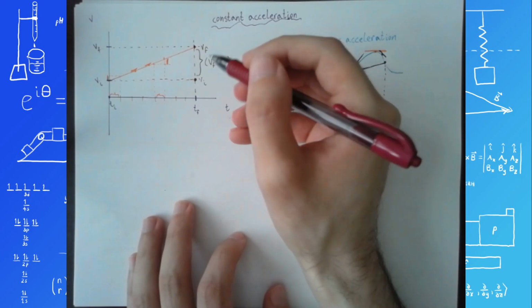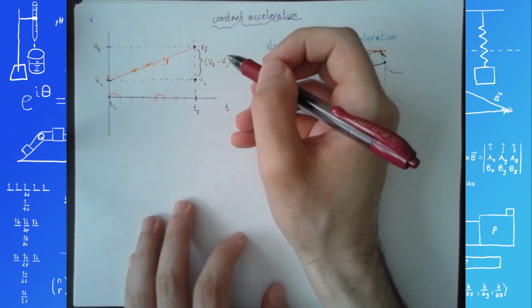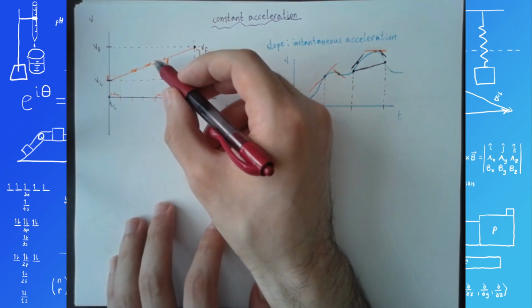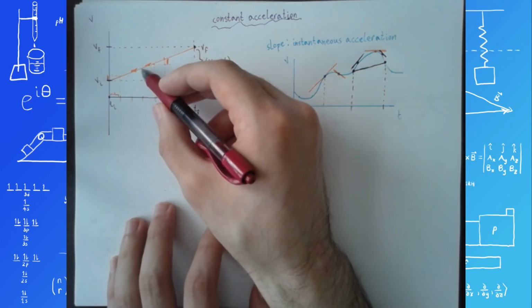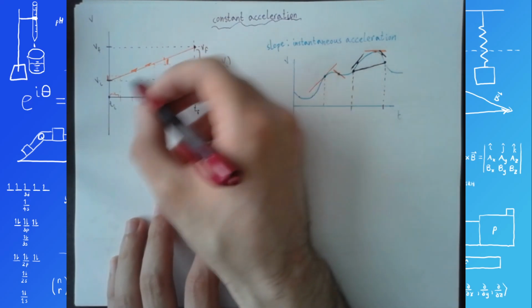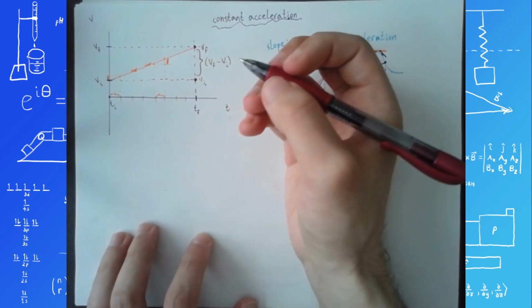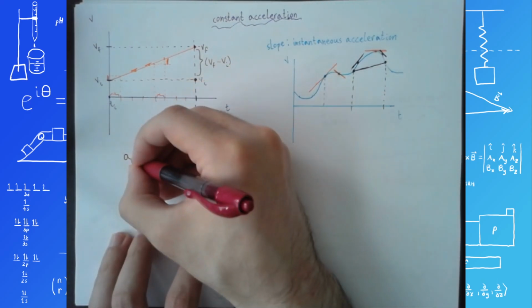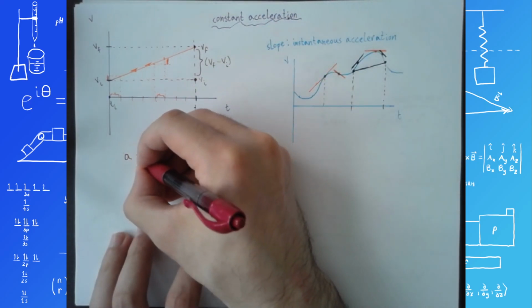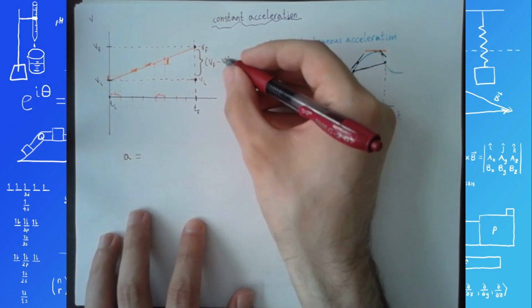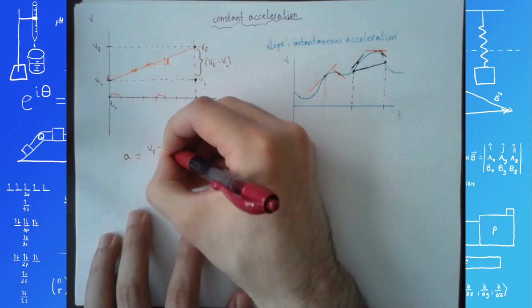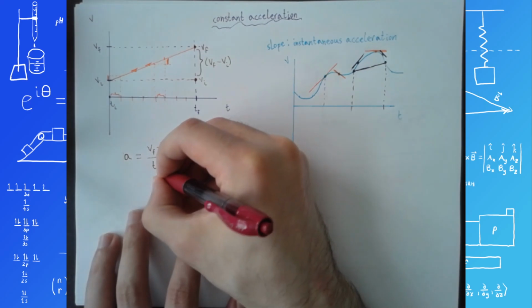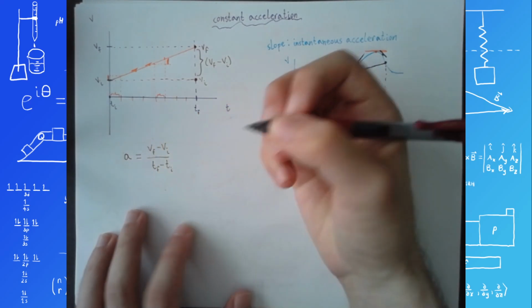If I wanted to calculate the slope of this line, the average acceleration, which is also the instantaneous acceleration, which is also the constant acceleration in this special case, then all I would have to do is say that this acceleration, I don't need the average symbol on it anymore because it's a constant acceleration here, is equal to change in velocity, which is v final minus v initial, over change in time, which is t final minus t initial, just your typical slope formula between 2 points.